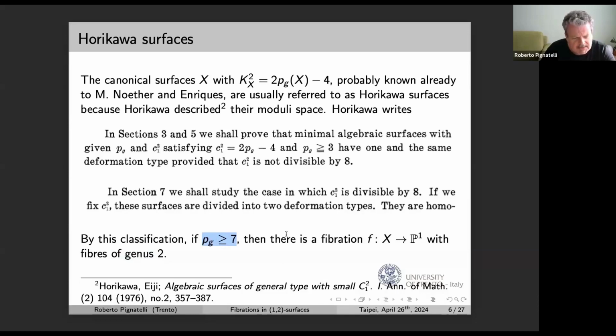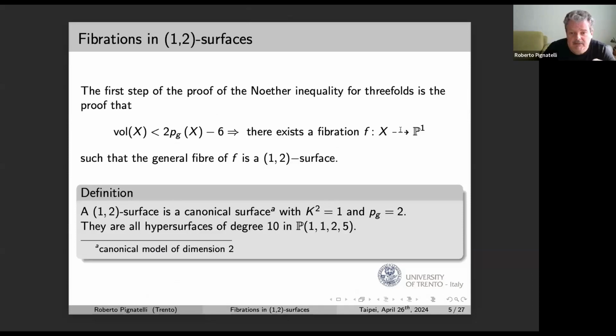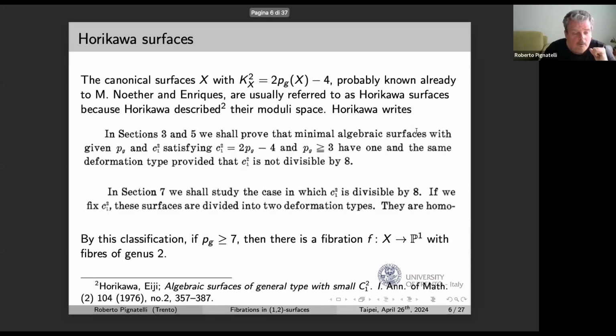I should mention that in this case, the fibration is always a morphism, which is different from, as you will see, the threefold case, where this fibration is not defined everywhere. But we are going to see it.